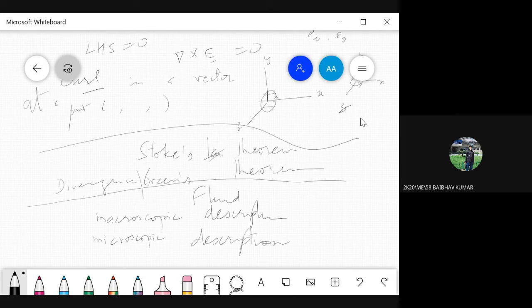The macroscopic is basically which can be perceived and it is a continuous matter. It is something which we can perceive dynamically, whereas microscopic is something which needs assistance.